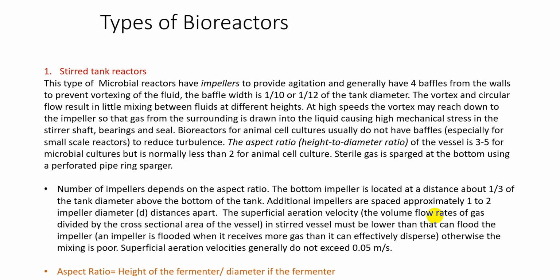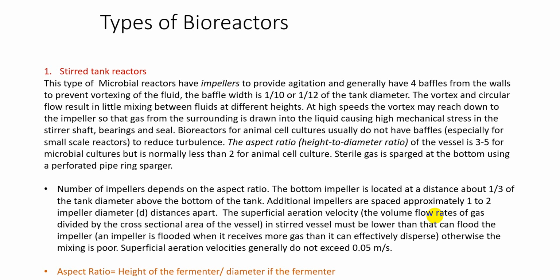You know that the animal cells lack cell walls, so they are just having the plasma membrane to enclose them, and the plasma membrane is very delicate, so it can be broken down if we use a fermenter or a bioreactor which has baffles. And due to the turbulence, the cells may break. So for animal cell bioreactors, we do not have baffles in the design of the fermenter.